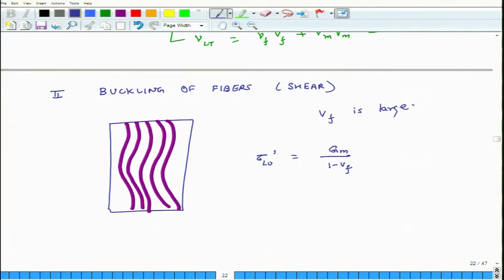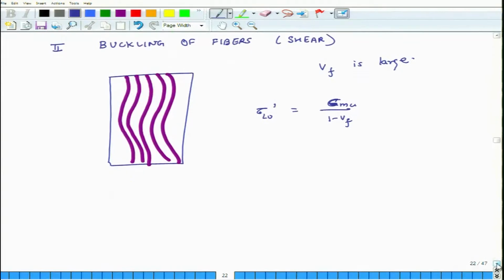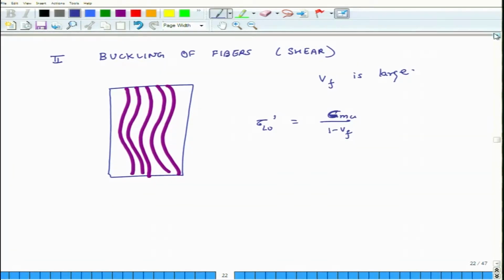Okay. This is actually sigma m over 1 minus Vf, sigma mu. Okay. So, this is shear buckling. This is the case when Vf is large, where if one fiber bends in one direction, all other fibers will bend in the same direction.